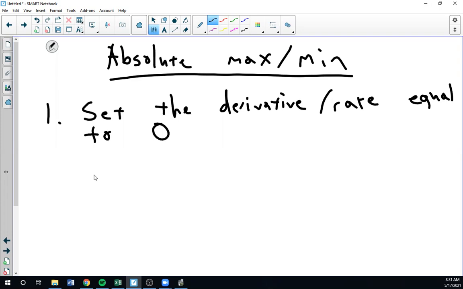This will find the critical points. Take the derivative, set it equal to 0.